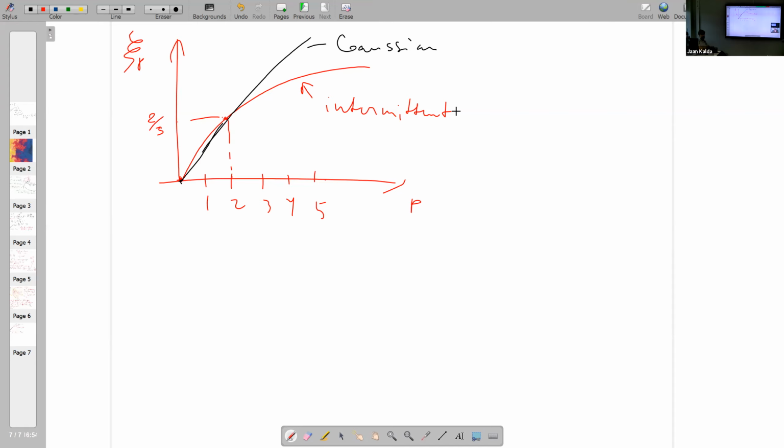Another example of power laws is earthquakes. You know the Richter scale for earthquakes. This is, as a matter of fact, a logarithmic scale. If you increase the Richter magnitude by 0.2, the earthquake has 2 times more energy.